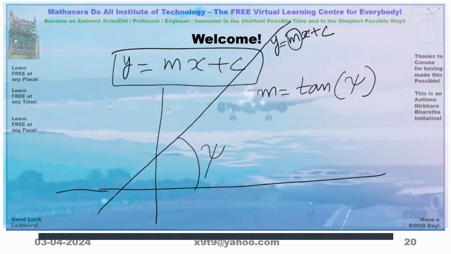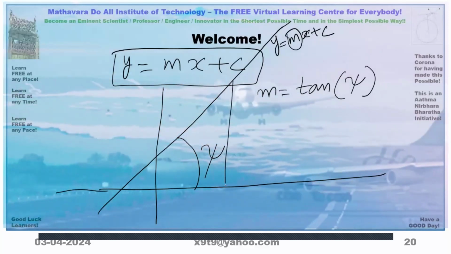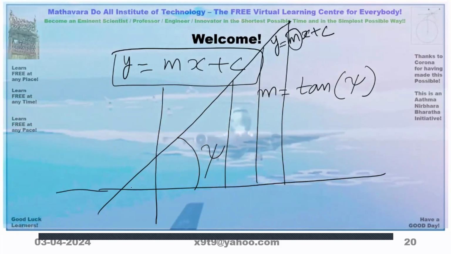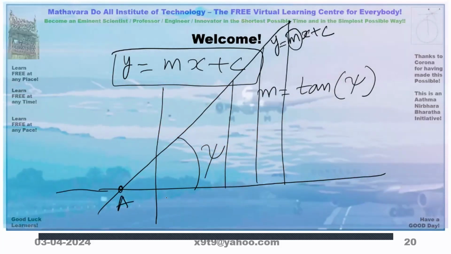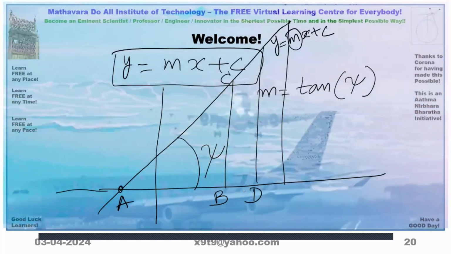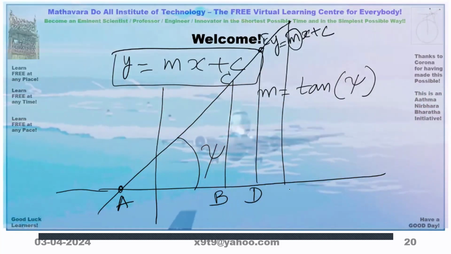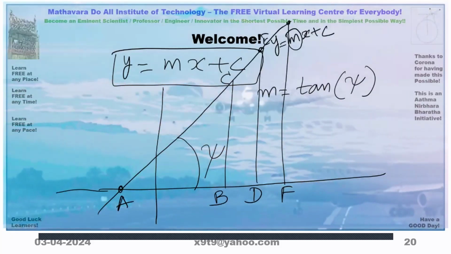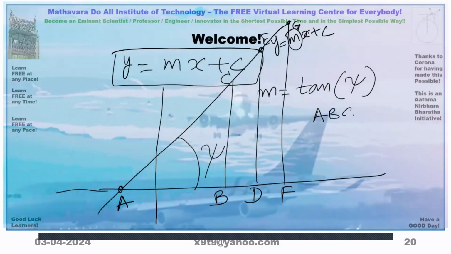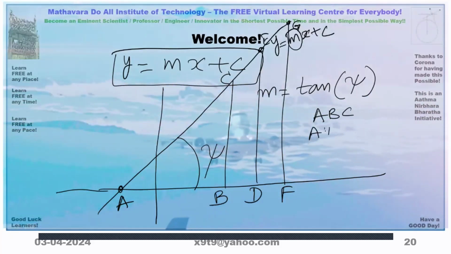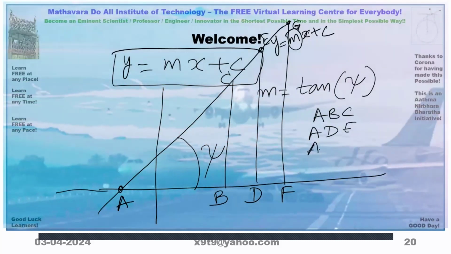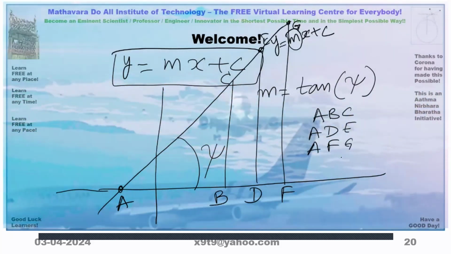That means you can drop a perpendicular anywhere here and take any triangle. Suppose these are A, B, C, D, E, F, G. Whether it is the triangle ABC or ADE or triangle AFG.